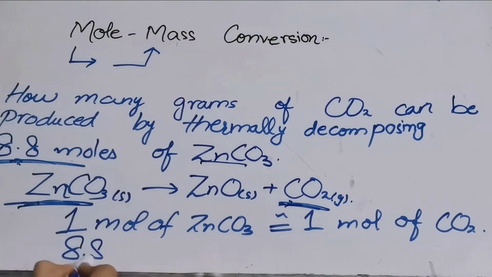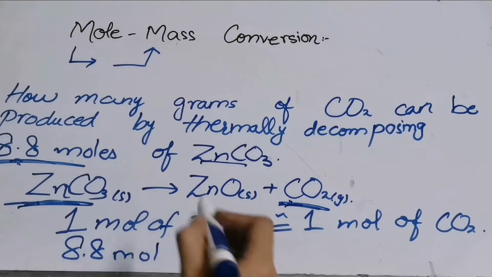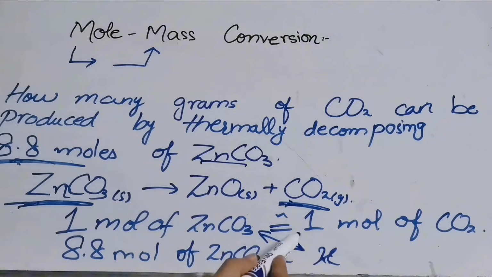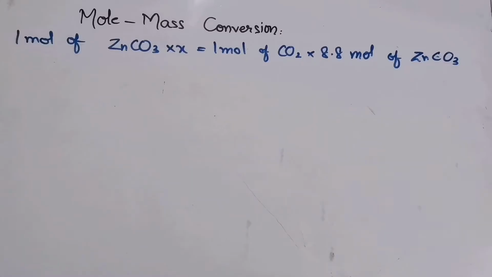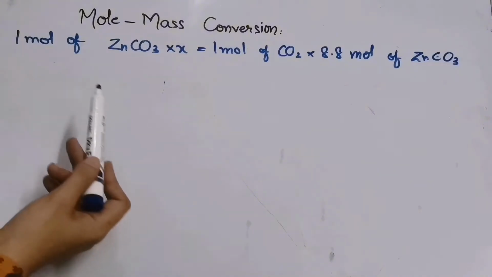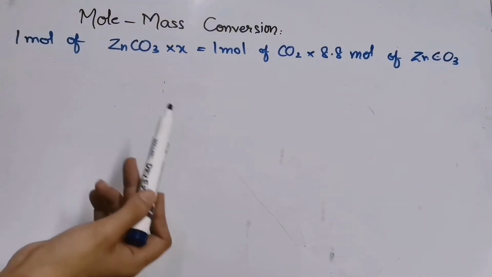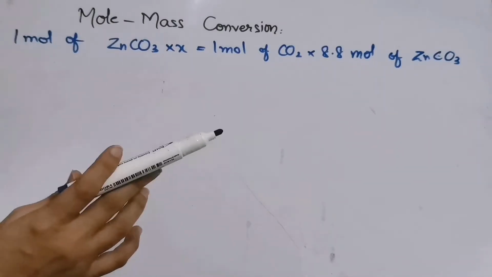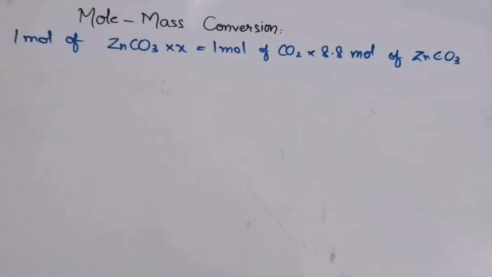Here we will write 8.8 mole of zinc carbonate, which will be equal to X. Now we will do cross multiplication. After cross multiplication, we get 1 mole of zinc carbonate multiplied by X equals 1 mole of carbon dioxide multiplied by 8.8 mole of zinc carbonate.